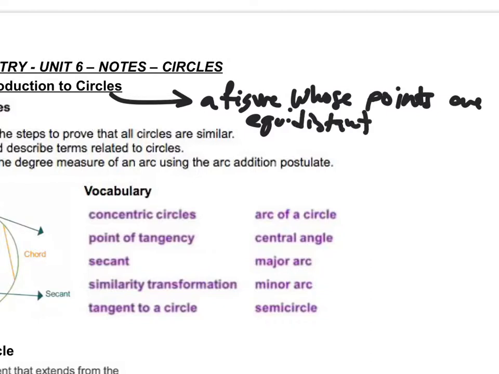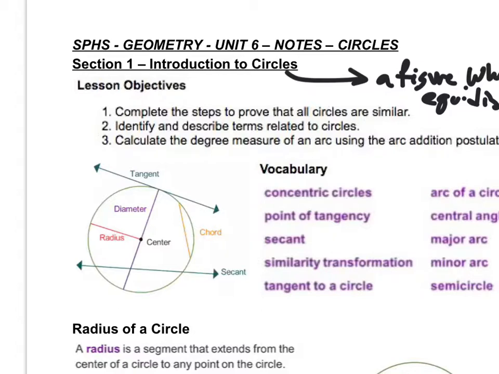So let's write that down. A circle is a figure whose points are equidistant from the center. All right, and that's the first thing we know. Here's the center of our circle, and here is the circle itself. And all of these points have the same distance to the center, okay?